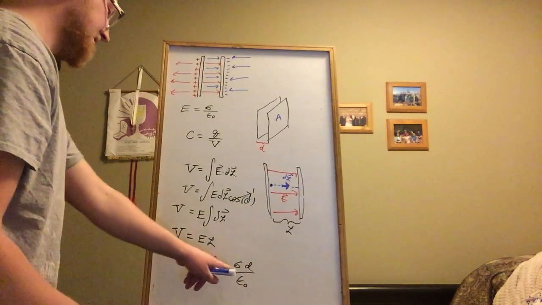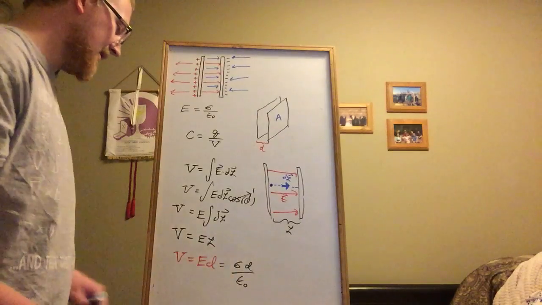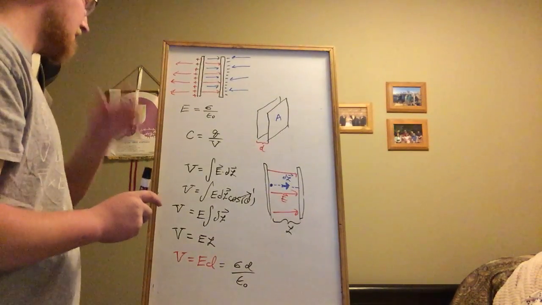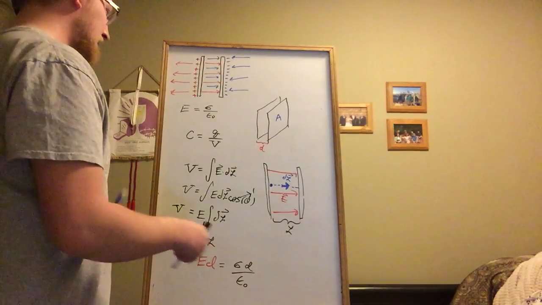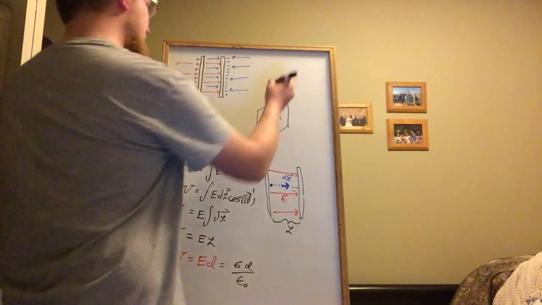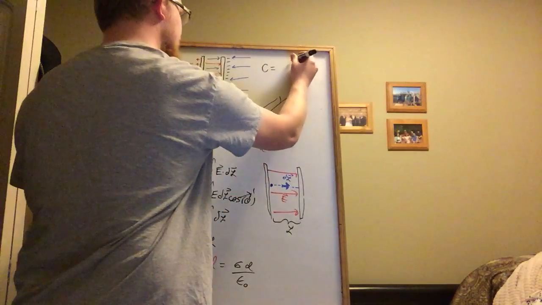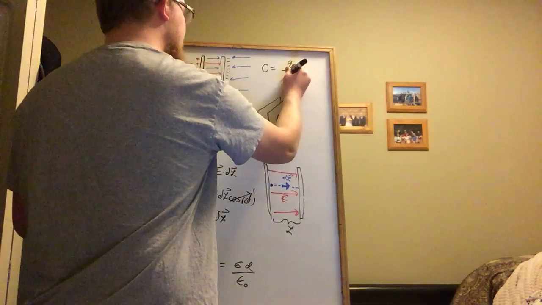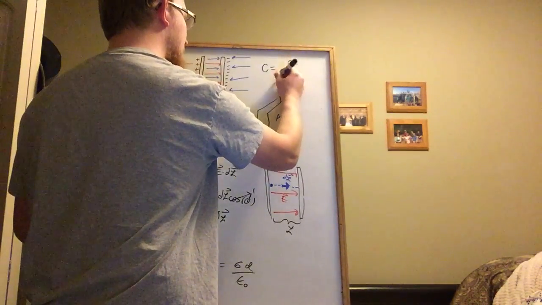So that means that voltage is equal to charge density times the distance between the plates divided by the permittivity of free space. And now for charge. So if we were to write this, we could say that C, capacitance, now equals charge divided by σ times D over ε0.